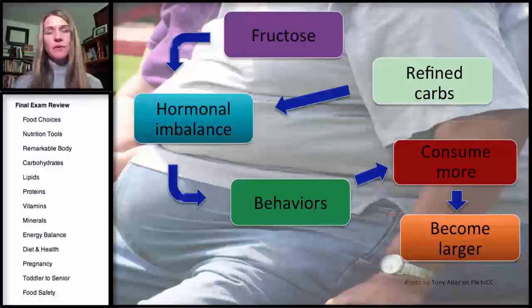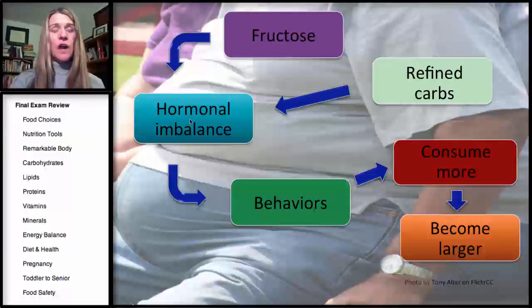So here I just want to show this image because I want you to think again about not everything being just calories going into a system or calories going out of a system. When refined carbohydrates are taken in, remember that starch gets quickly digested to glucose. And then there's fructose, which is half of our sucrose, remember? Or high fructose corn syrup. So fructose coming in a high dose from a processed food, refined carbohydrates, throws off our hormonal balance.